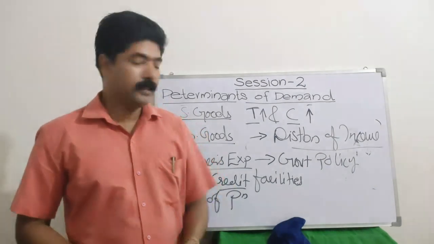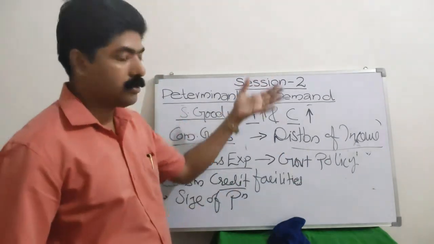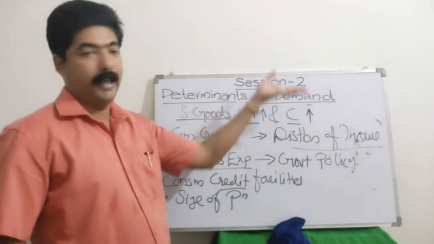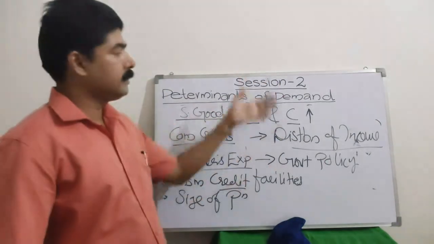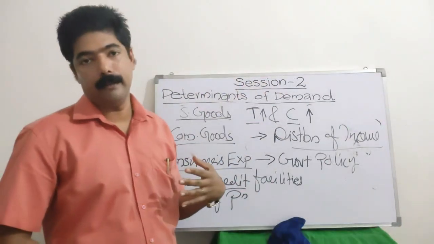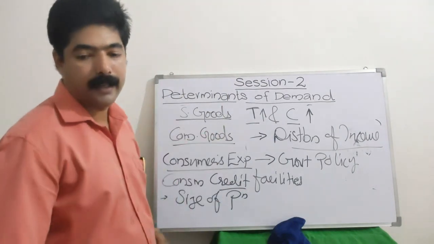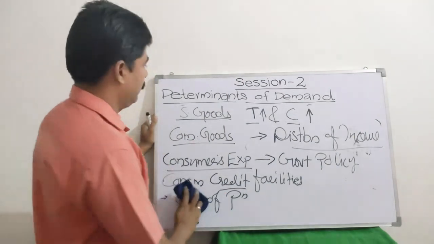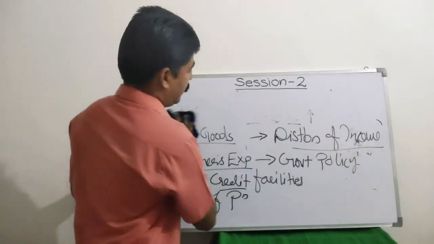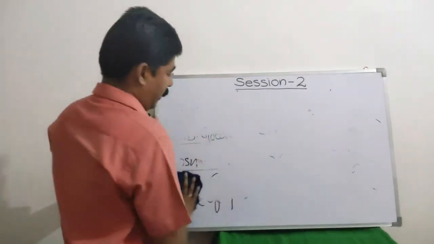So we have studied the determinants of demand. There are around 9 determinants, I think, and we have completed them. All these are called determinants of demand. Now we move to the next small topic, that is demand function. You can just write demand function.